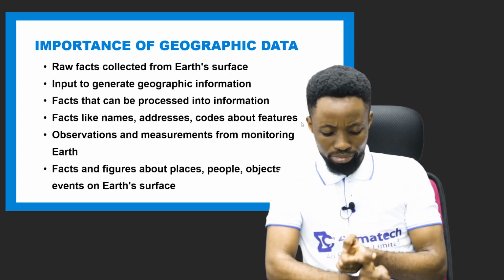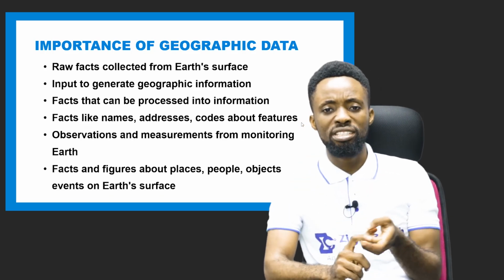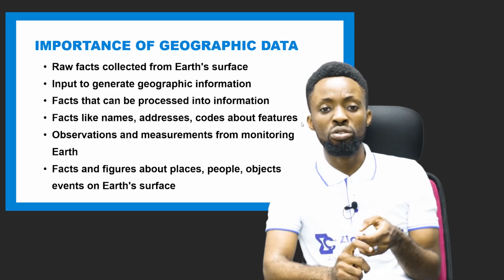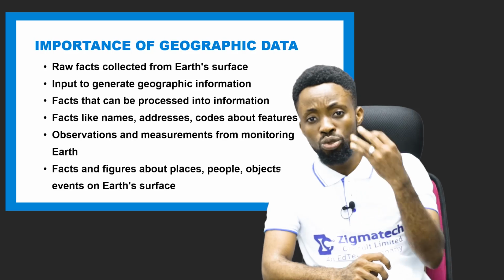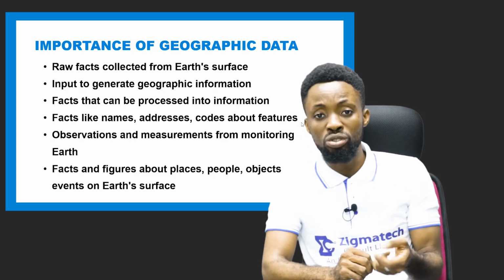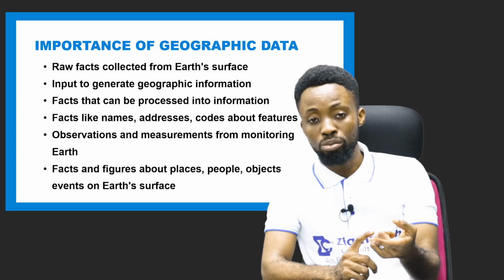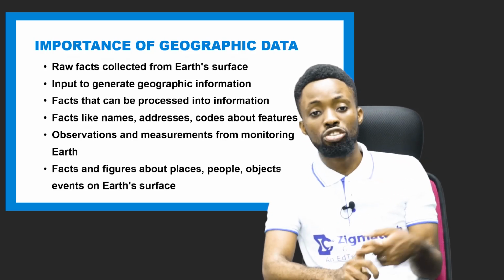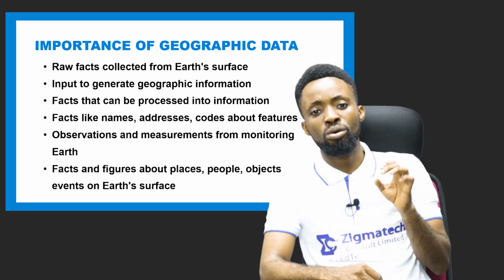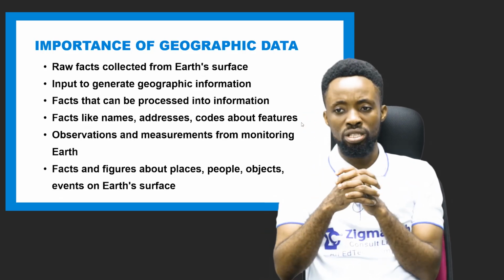Facts like names, addresses, and codes about features are gotten from this geographic data, and they are used for different purposes, like in terms of population, government, administration and the rest. So all of these facts can be collated. Now a good example is this.